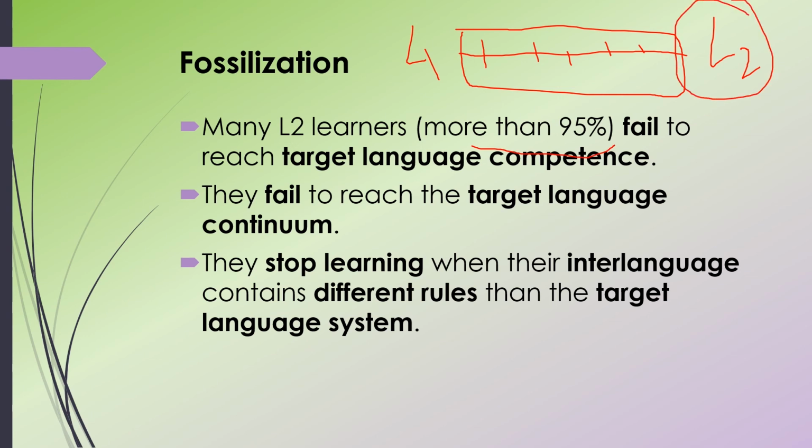That's why they are staying in the interlanguage continuum, and whenever they are staying here, definitely there are some rules they are developing which are not the same in the target language. And if the learner produces those rules, then he or she will be referred to as fossilized. That means his or her knowledge has stuck at that particular point.